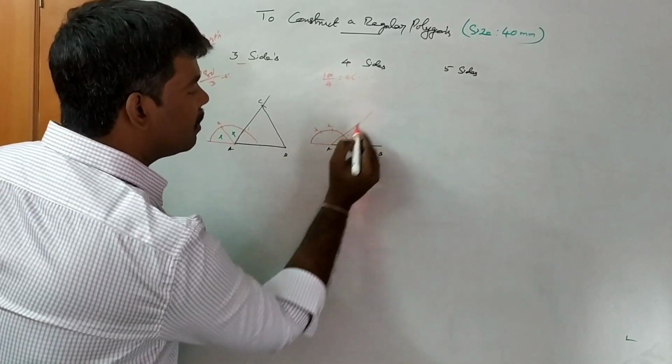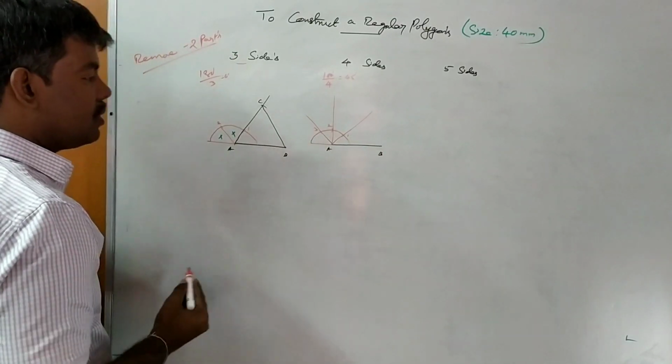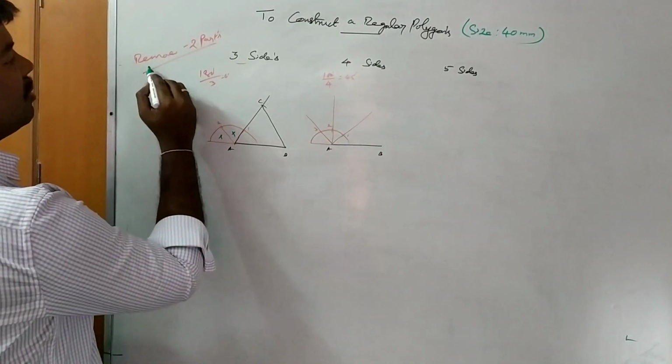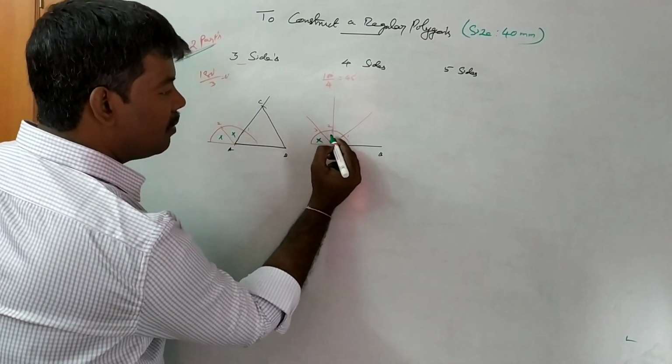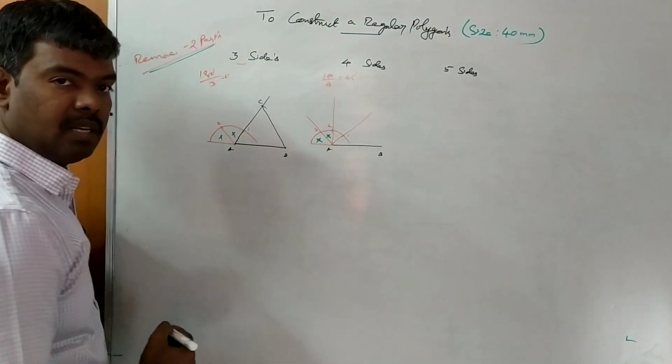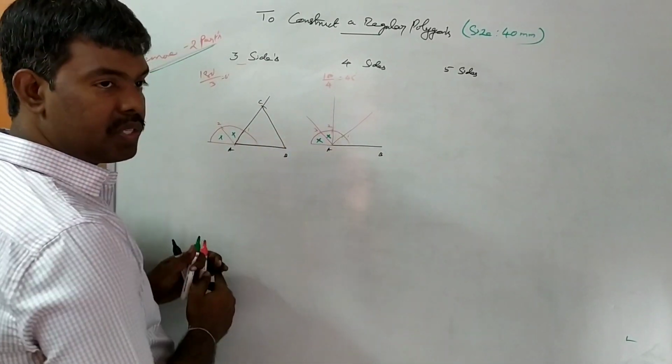Clear? Like that, same, first remove 2 parts from the left. 1, 2 parts, remove them. So remaining, here one extension is there.